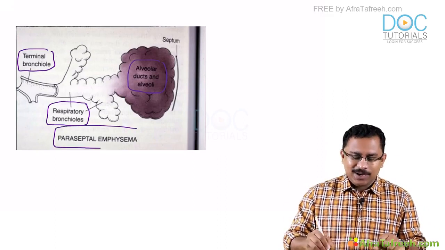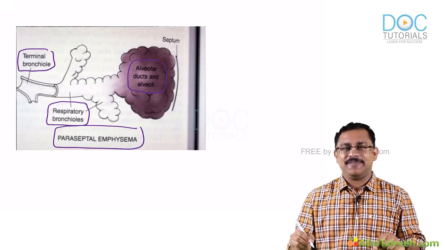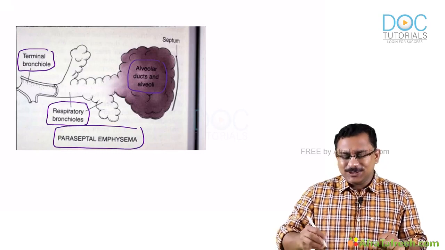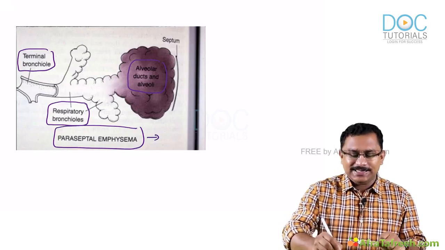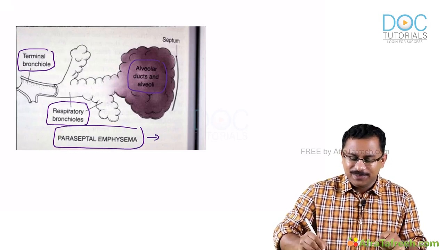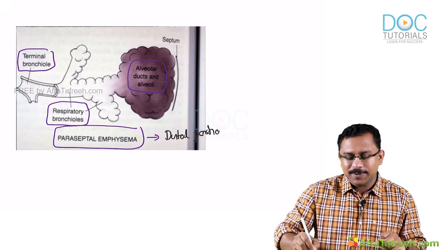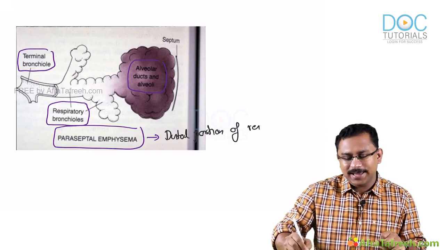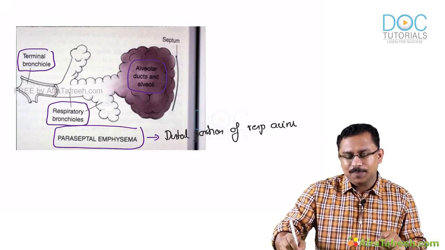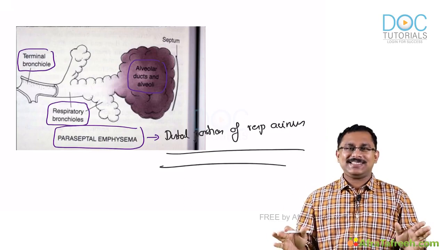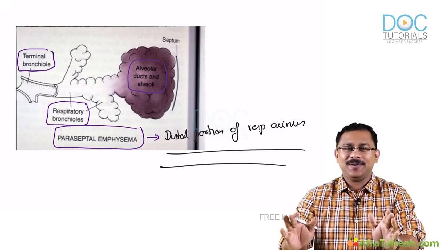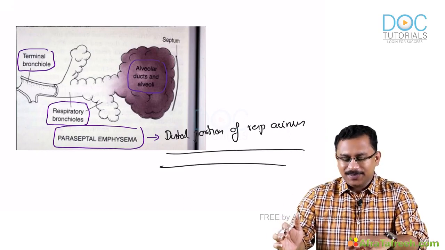This type is known as a paraseptal emphysema. Okay, so you will agree with me if I say that in this subtype it is the distal portion of the respiratory acinus that is involved. Agree with me? Distal portion of the respiratory acinus. In which one? Paraseptal. Okay, alright.